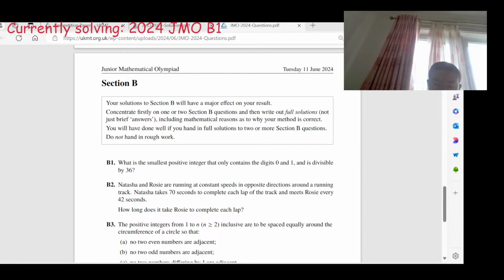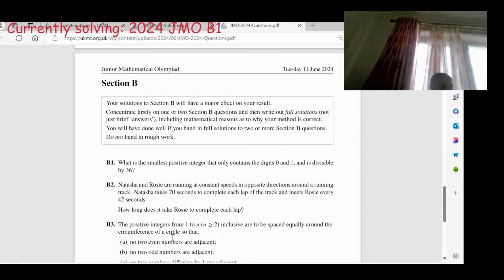B1. Okay, so obviously we want the least amount of digits.